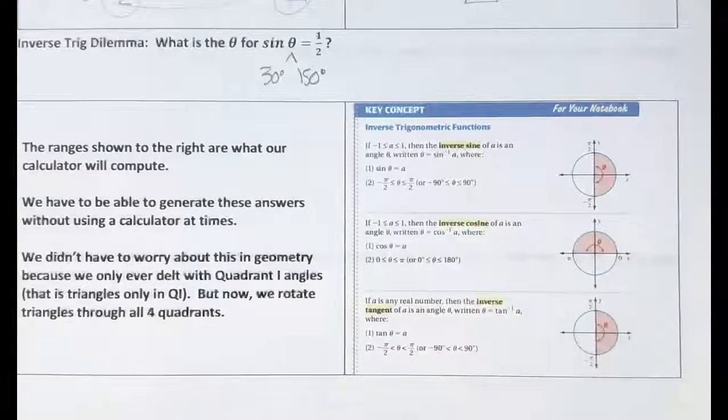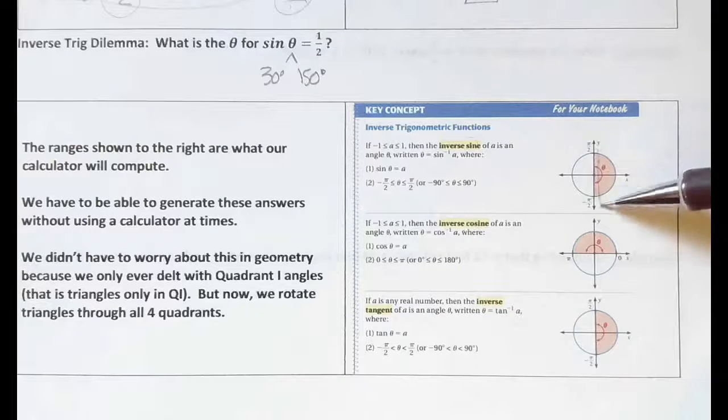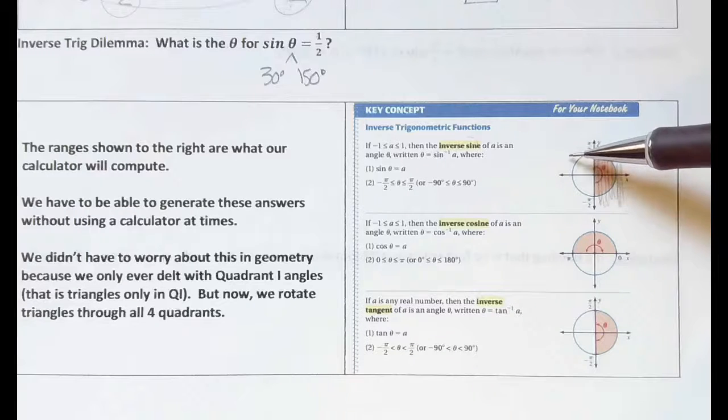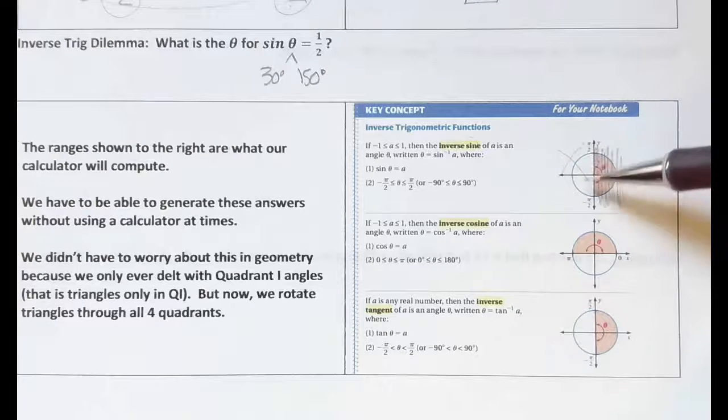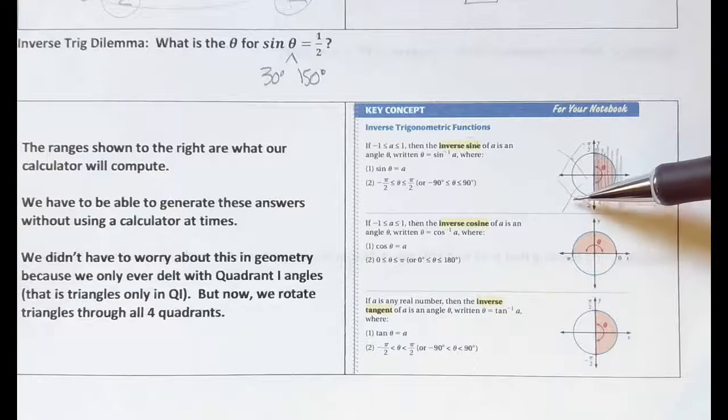Let's just look at the inverse sine. The shading represents the two quadrants where I am going to actually give answers, which means for the inverse sine, no answers are going to be given in quadrants 2 and 3.